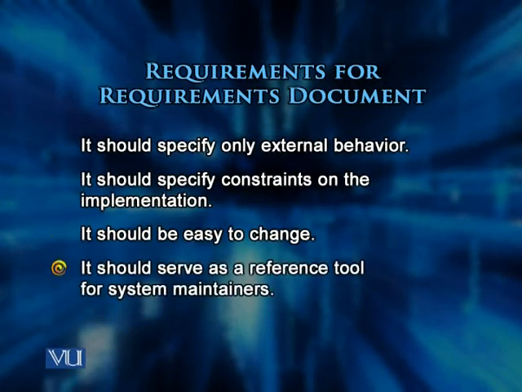The requirements document should serve as a reference tool for system maintainers. These are people who are going to keep the system running and fix defects once the software is given to the customer. And so these are the initial set of requirements.